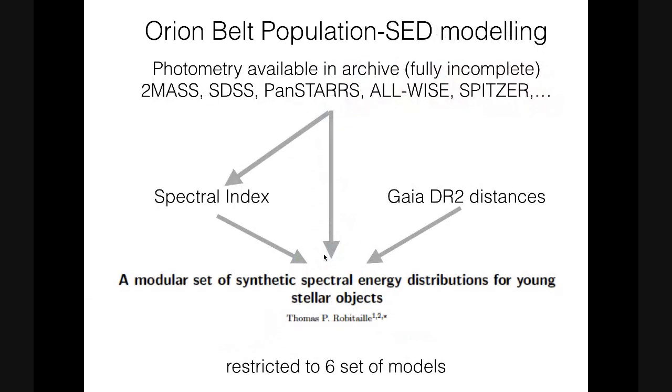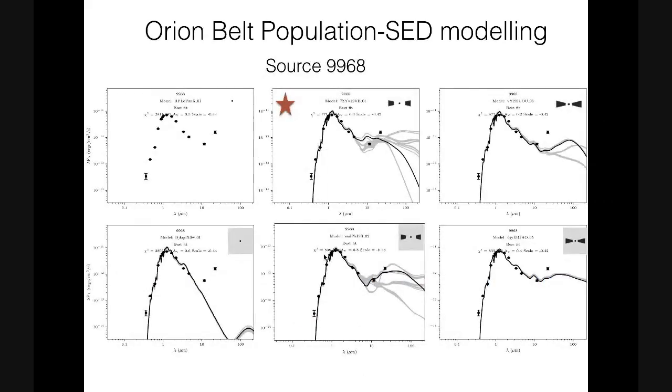Therefore, using the data we have, a lot of photometric measurements plus new Gaia data, we use the models provided by Robitaille and perform the SED modeling. Out of this modeling and the whole approach that Tom is using in his new paper, we estimated the properties of the central source and of the disk, if the disk was present.